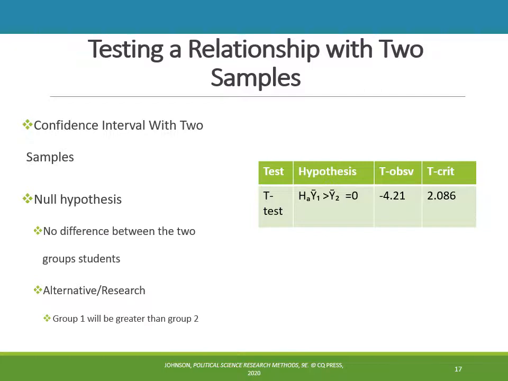So we can't reject the null hypothesis because it's not what our alternative says. If what you see in your statistics doesn't match what your alternative says, you still have to accept the null hypothesis. That negative sign was the big key that indicated that it was going in the wrong direction, because that group is supposed to be the one that's higher instead of it being lower, because this time we took a one-tailed directional test.